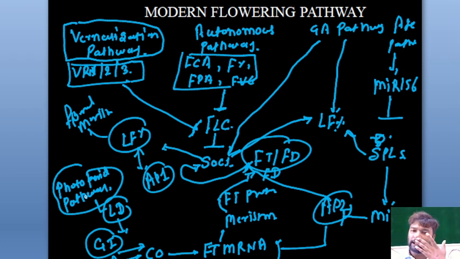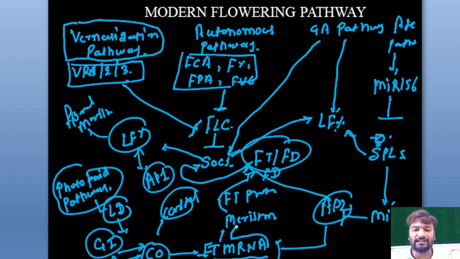Then there is one pathway, that is the photoperiod pathway or long day pathway, which induces the formation of the Gigantea gene in the presence of phytochrome A and induces the expression of the CO gene, CONSTANS gene, which induces the expression of FT mRNA. This FT mRNA moves to the meristem and forms the FT protein, and this FT protein attaches with the FD gene, and this FD induces the formation of SOC1.